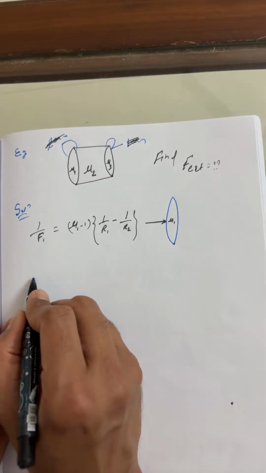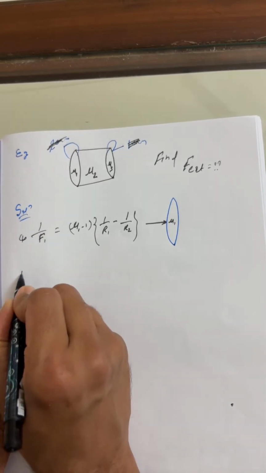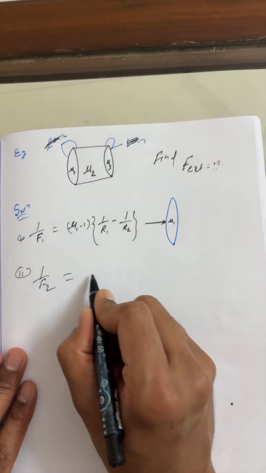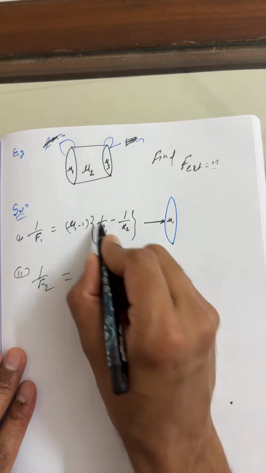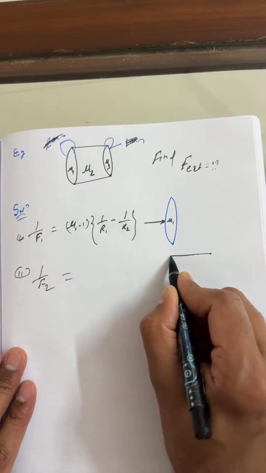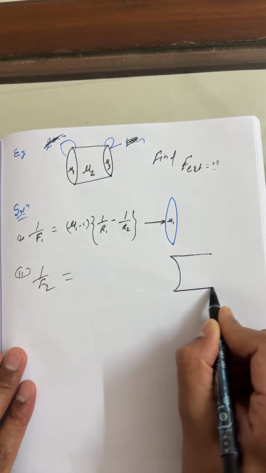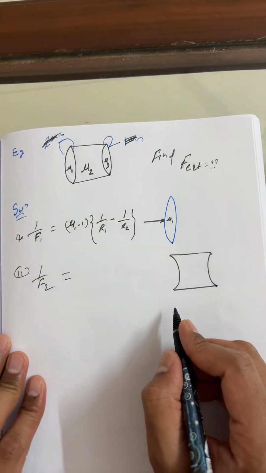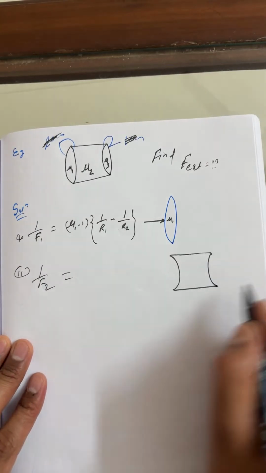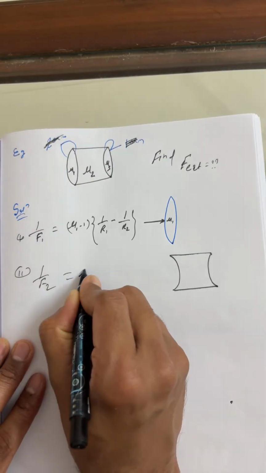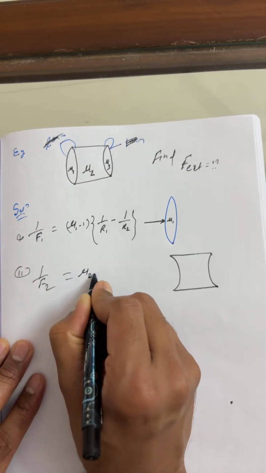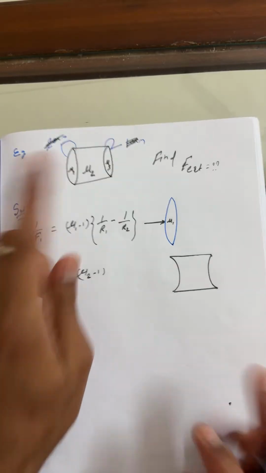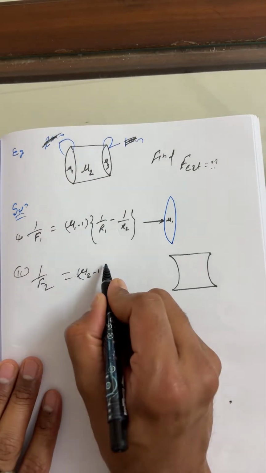Next, students, for F2, beta, what can you take for F2 here? It's a concave lens. So for this condition, again I'll take R1, R2. So this is mu2 minus 1. No need to confuse mu1 and mu2, not at all.